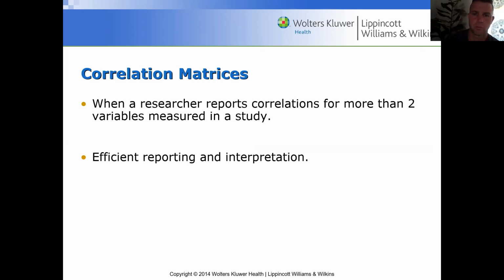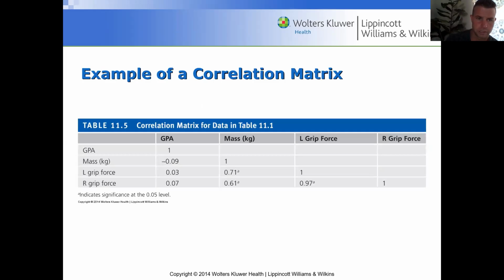When a researcher reports correlations for more than two variables measured in a study, we use correlation matrices for efficient reporting and interpretation. Here is a correlation matrix looking at things like GPA, mass, left grip force, and right grip force. This shows you the data table and the correlation matrix between the different parameters we're studying.